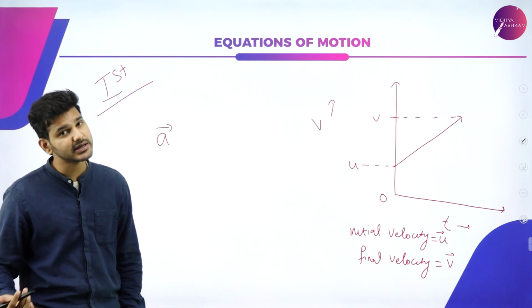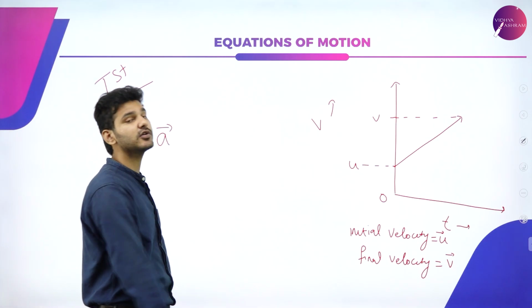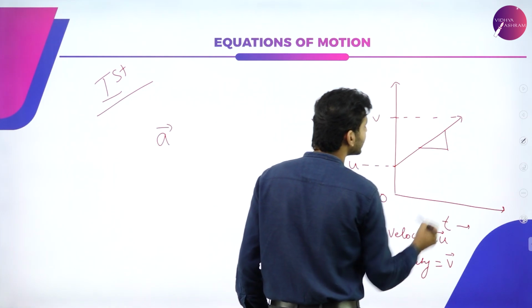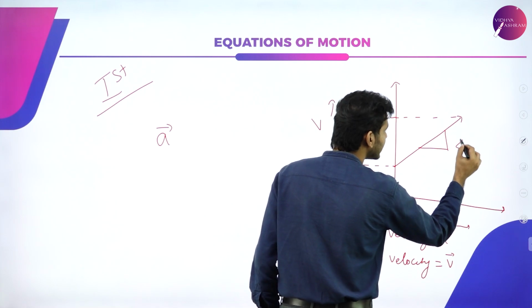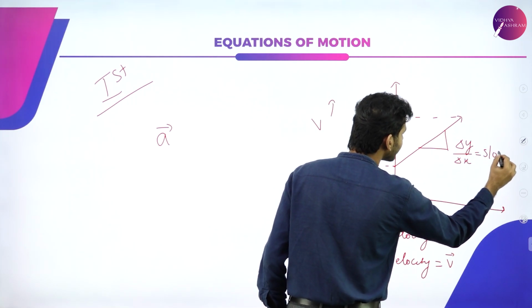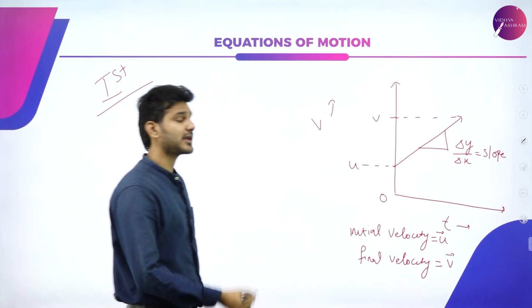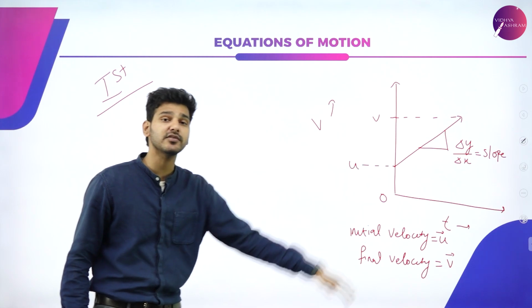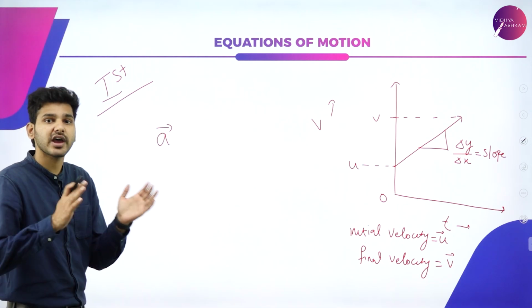We do know that the slope will give you the acceleration. That is, if I take a particular slope here, then we know that del y by del x is equal to slope, which means that, here it is a velocity time graph, so that particular slope will give you acceleration.